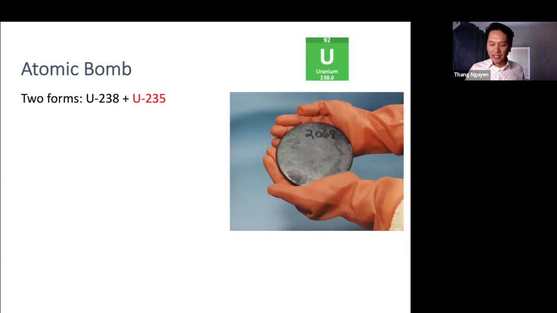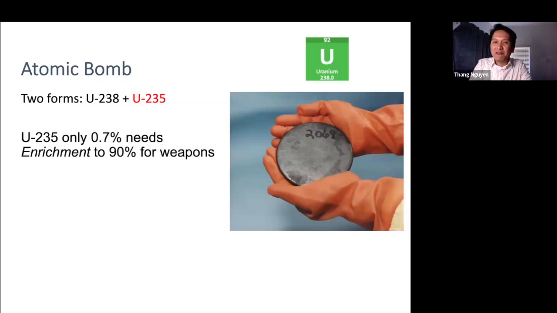There are two types of uranium, one called U-238, the other called U-235. But only one of these is important in the atomic bomb. It turns out U-235 is the reactive form of the isotope that can make an atomic bomb.